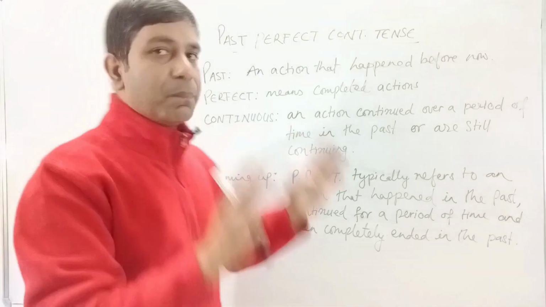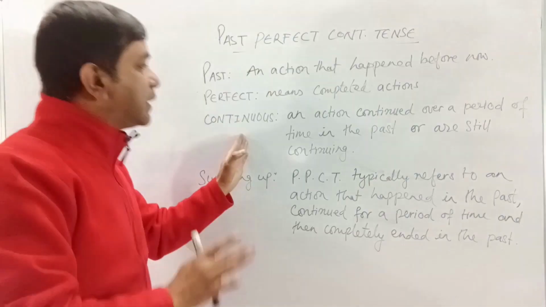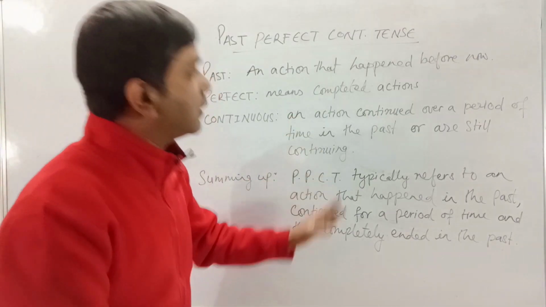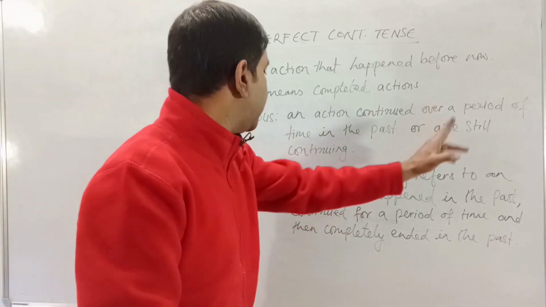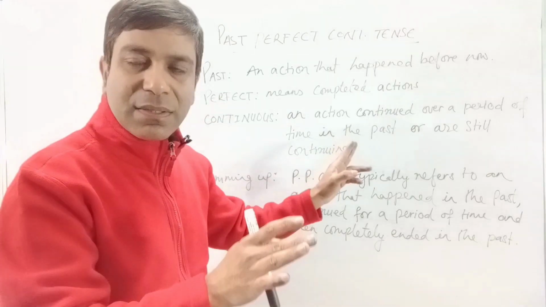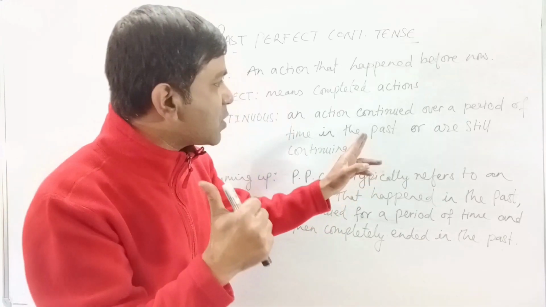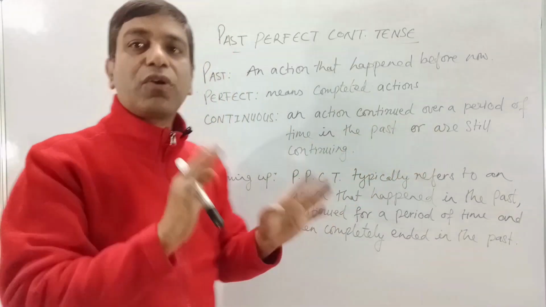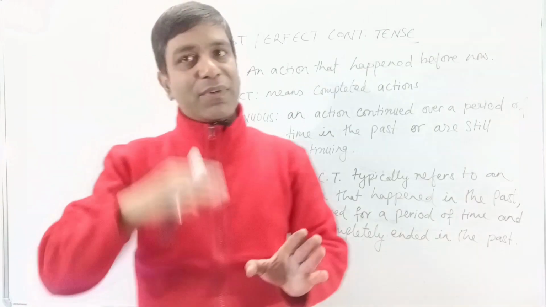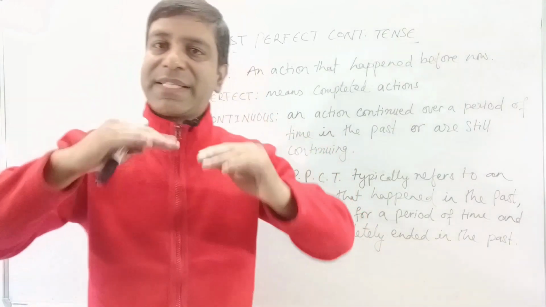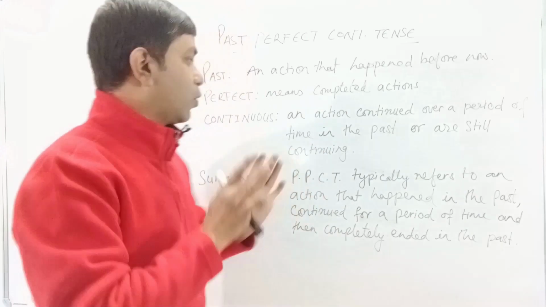Perfect means completed actions and continuous means an action continued over a period of time in the past, or are still continuing. Anything that was happening in the past or anything that is happening now is continuous.